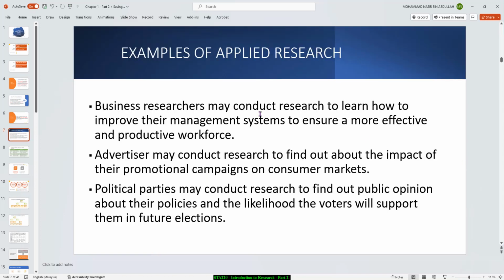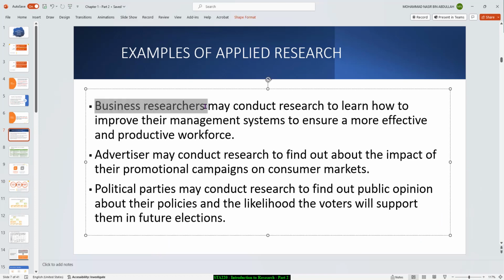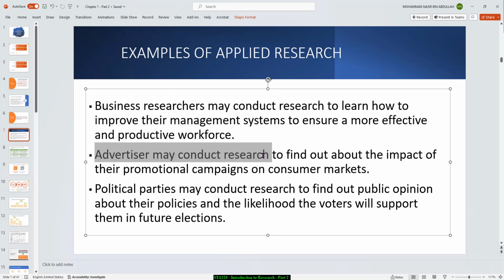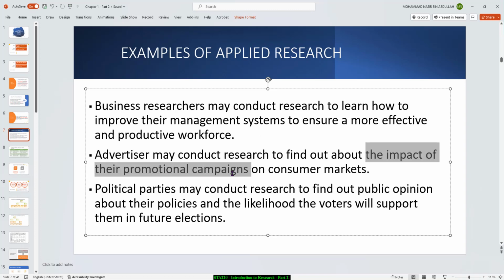So example of applied research, business researcher may conduct research to learn how to improve their management system to ensure more effective and productive workforce, right? So for example, advertiser may conduct research to find out the impact of their promotional campaign on the consumer market.